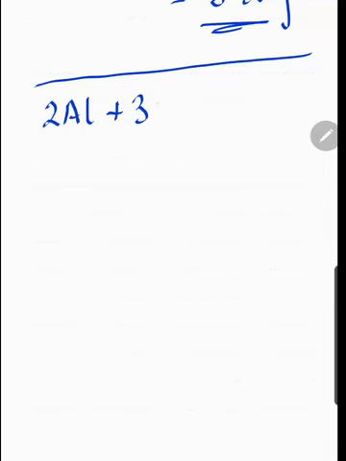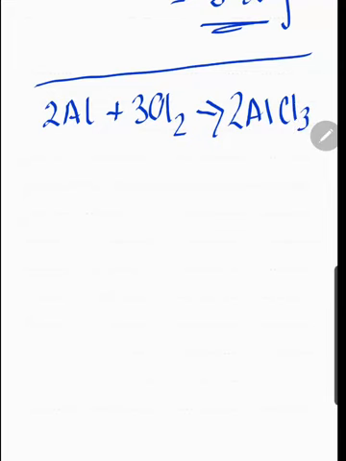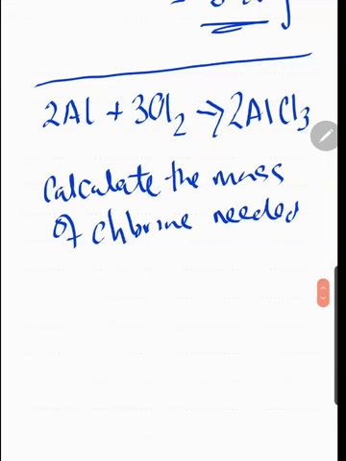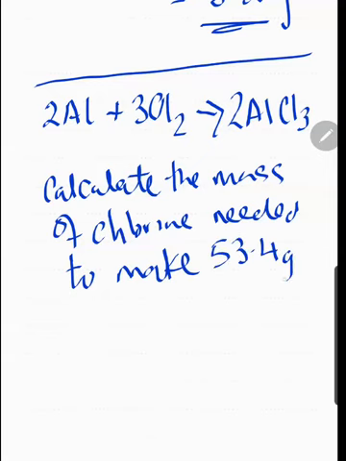Okay, so 3 chlorine forms 2 aluminium chloride. Calculate the mass of chlorine needed to make 53.4 grams of aluminium chloride.